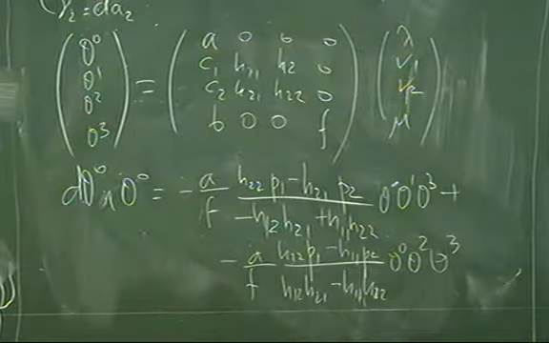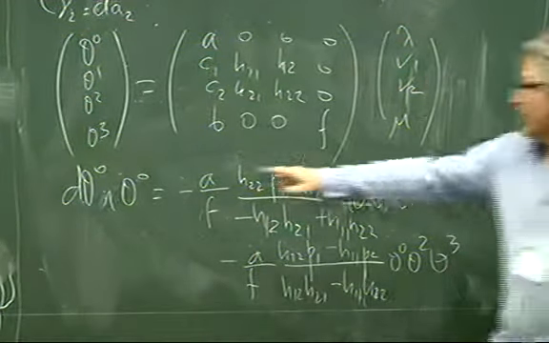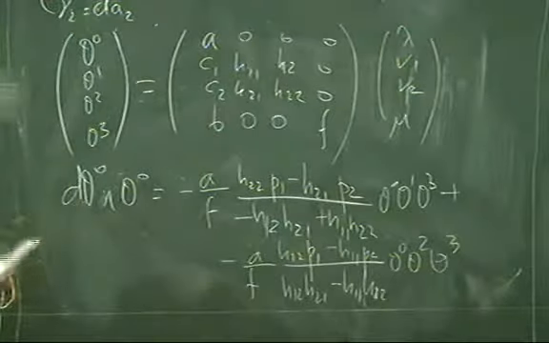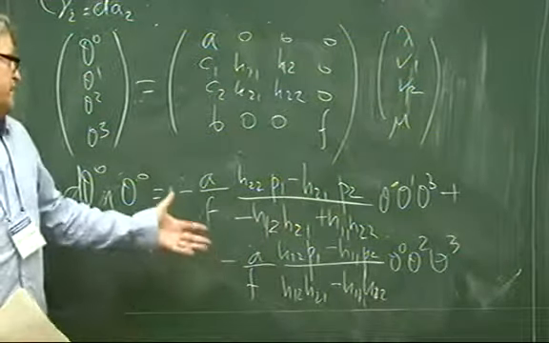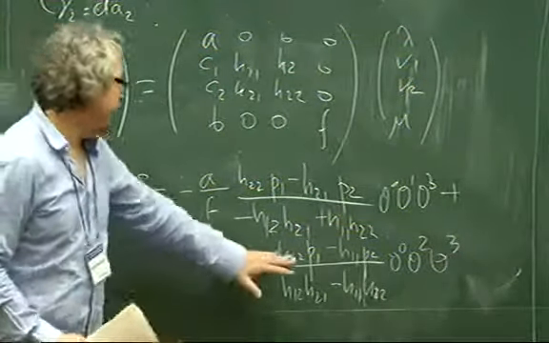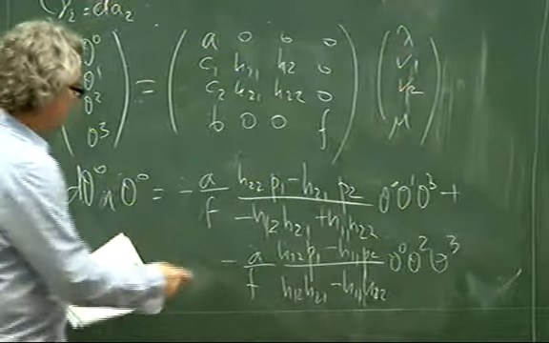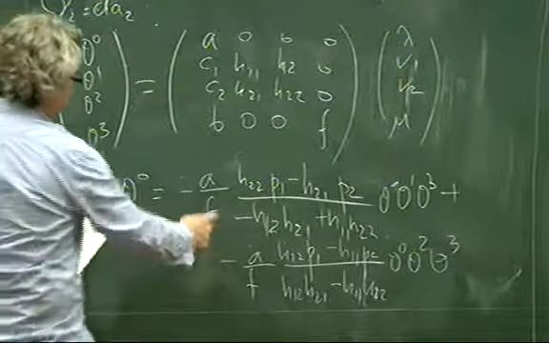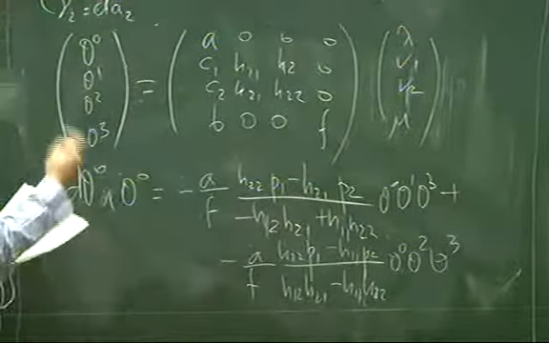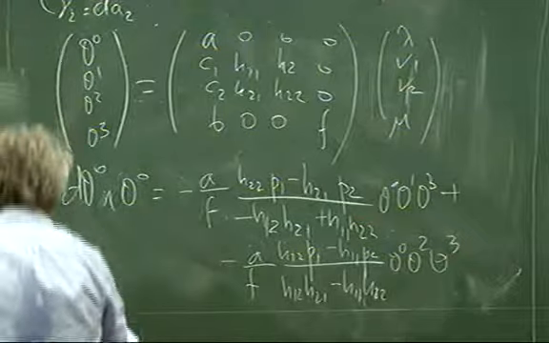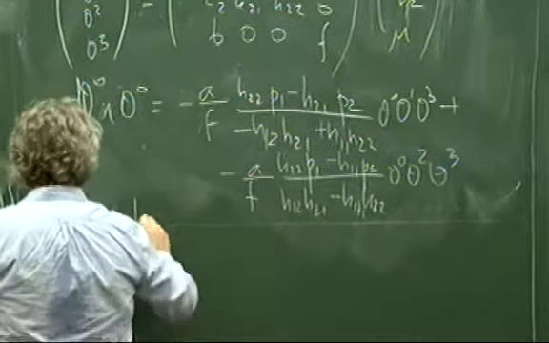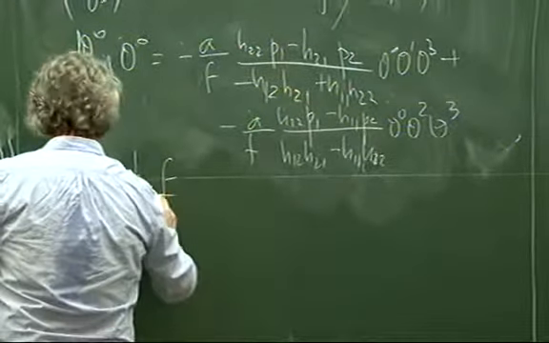Now my invariant form theta 0 has the following differential, and looking at this, I can kill this term by choosing A appropriately, and I can make this term equal to 1 by choosing H12 appropriately. So I can make the following normalization now.